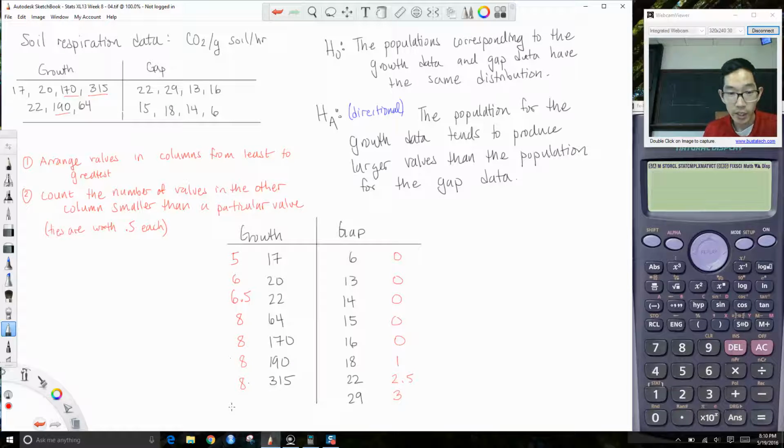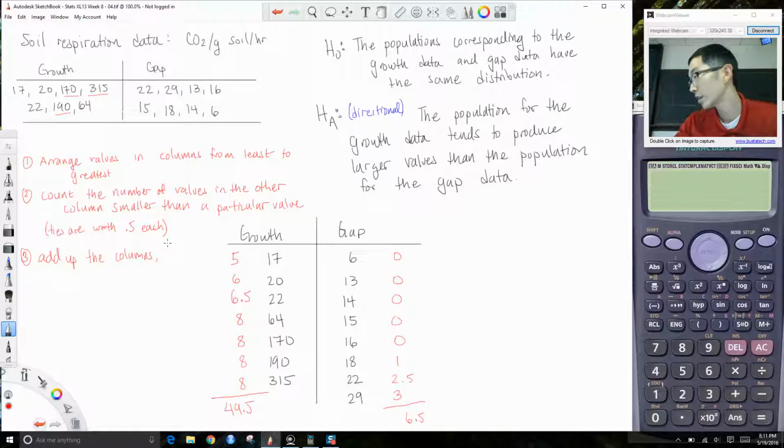Okay, and then what I do is I just add these columns up. If I add this column up, I get 6.5. And if I add this column up, I get 49.5. So step 3 would be add up the columns. And your test statistic is the larger of these 2 values.